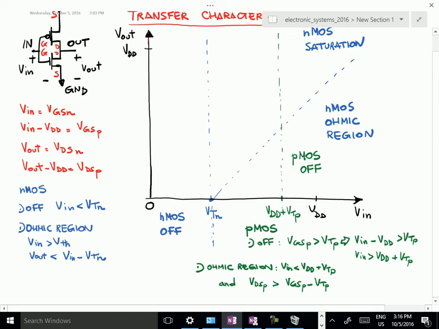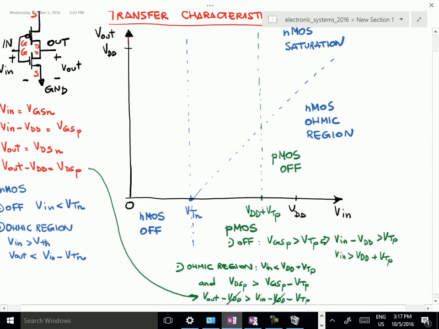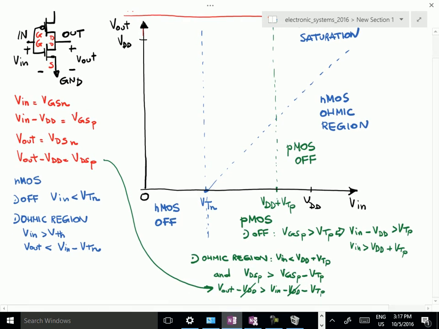But here VDSP is Vout minus VDD, as we wrote here, larger than VGSP, which is Vin minus VDD minus VTP. So you see, we can simplify VDD and VDD. And then this becomes Vout larger than Vin minus VTP.